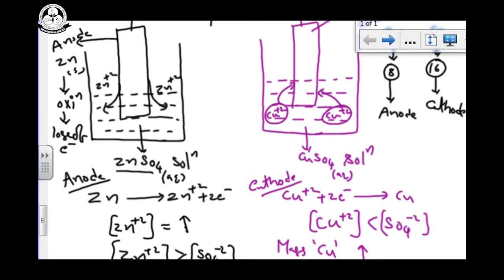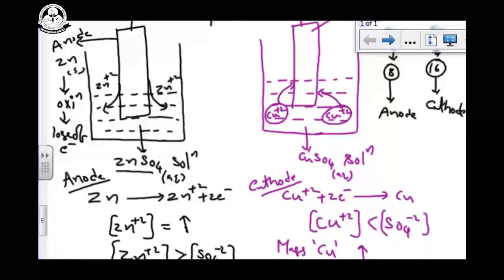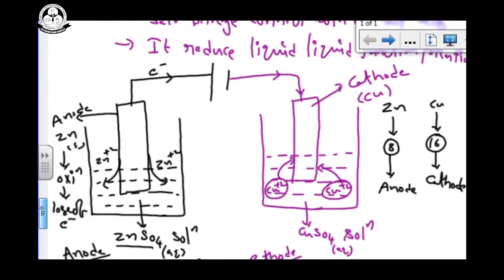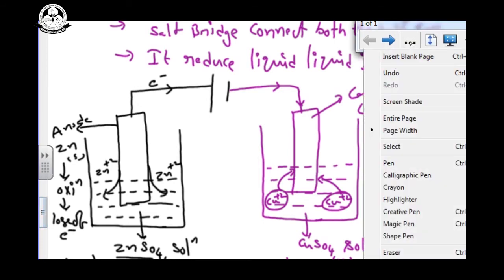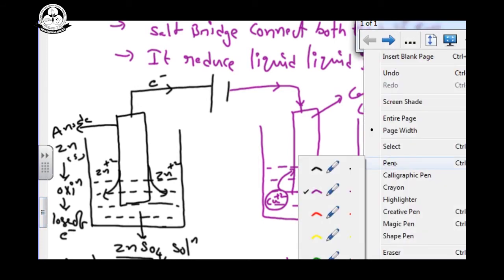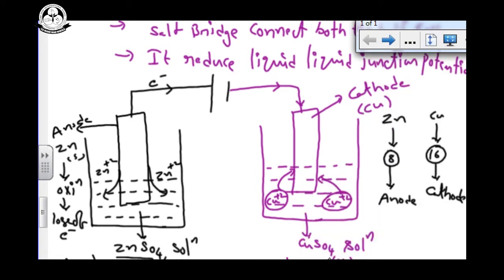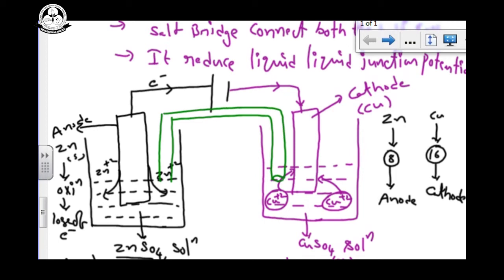See, after some time the cell will be dead. Why? Because already I told you, the circuit is not completed. So we are going to complete the circuit with the salt bridge. Now, the salt bridge is an inverted U-shaped glass tube.